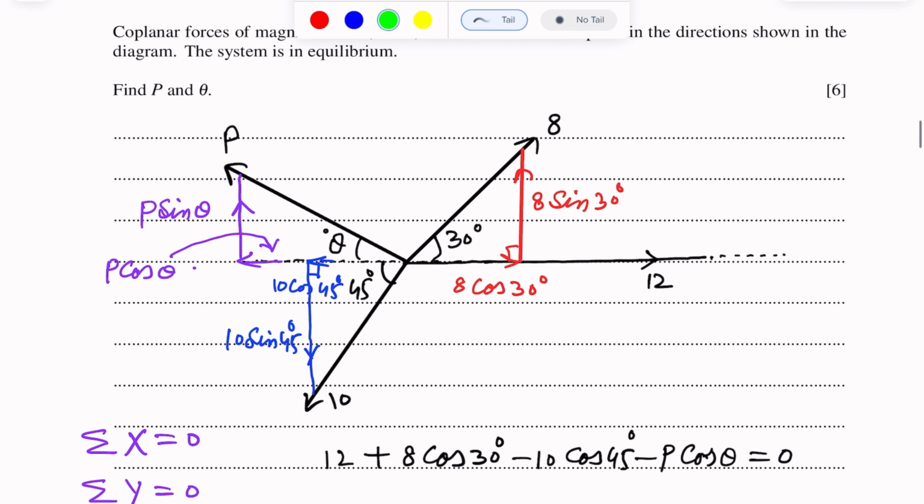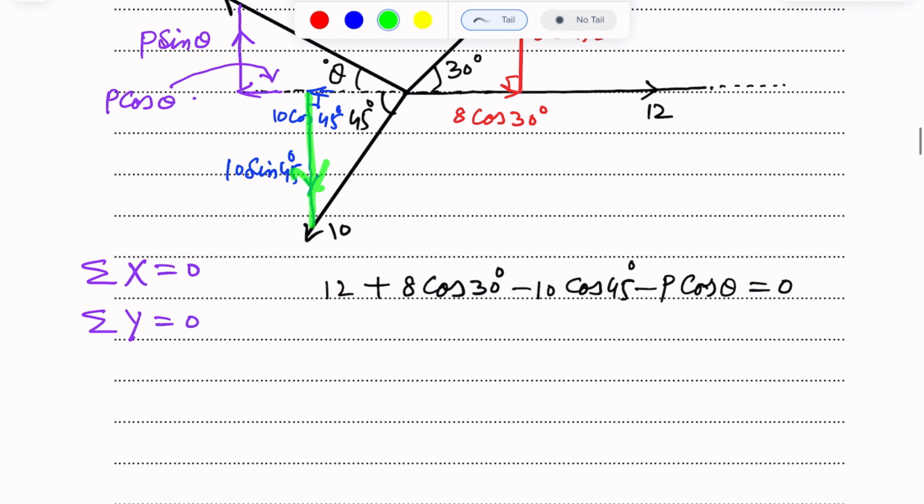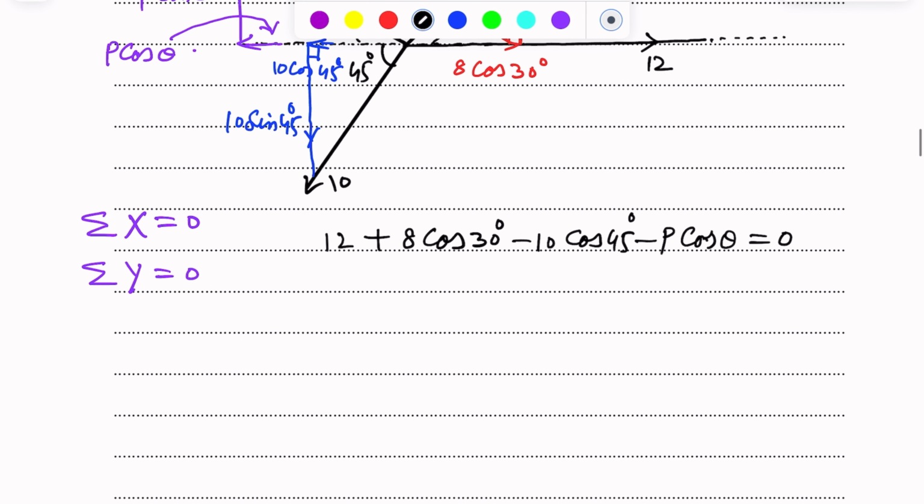And now the vertical forces, sum of vertical forces is also 0. This force, this force, and this is in opposite direction. So 8 sin 30 degree plus P sin theta minus 10 sin 45 degree is equal to 0.